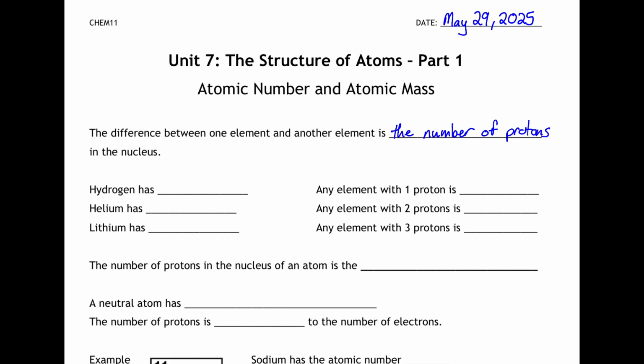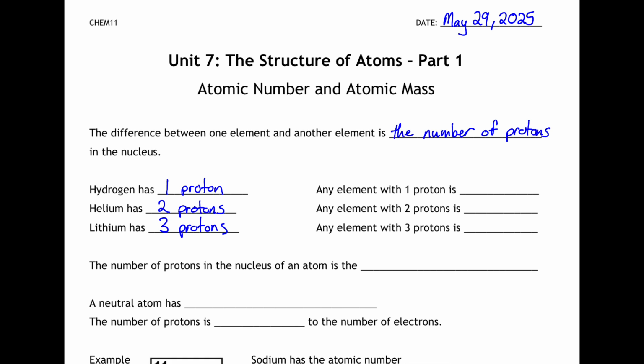How many protons does hydrogen have? One proton. How many protons does helium have? Two protons. Lithium has how many protons? 3 protons.